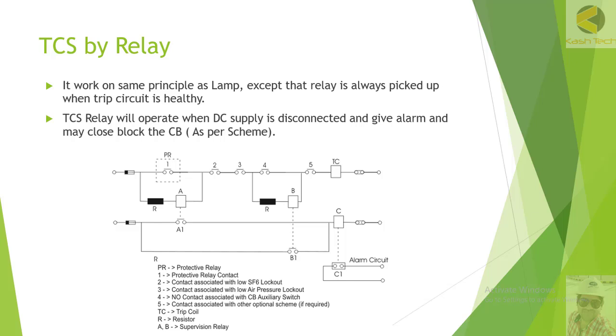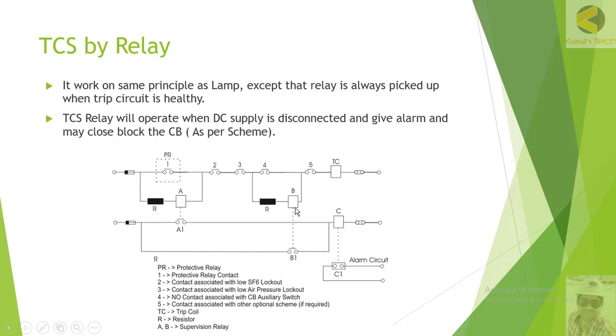Coil B is designed in such a way that it will operate even if there is a voltage drop due to TC, coil A and the resistor. So the coil B will pick up. When the breaker is, for example, closed, in that case the contact number 4 will operate and be closed also.